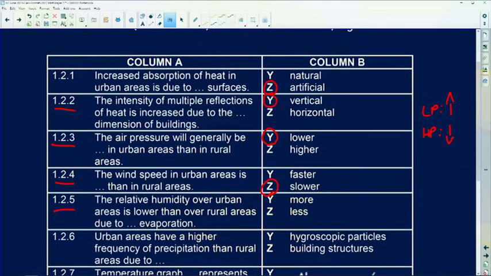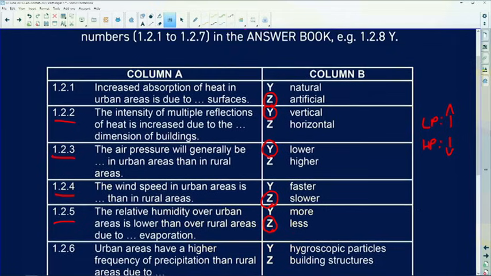If we look at question 1.2.5, the relative humidity over urban areas is lower than that over rural areas due to more or less evaporation. So the correct answer there will be less evaporation. The simple reason why, if you compare an urban area with a rural area, rural areas might be covered with open water surfaces.